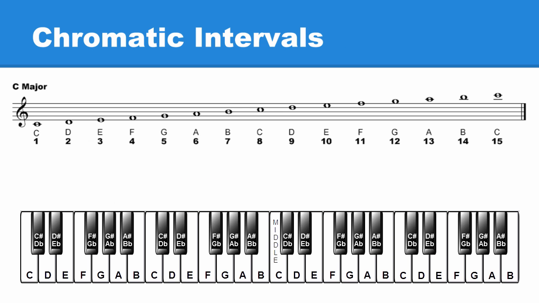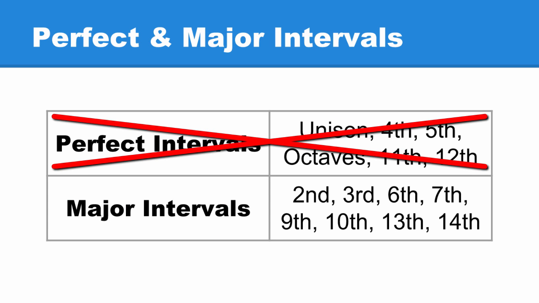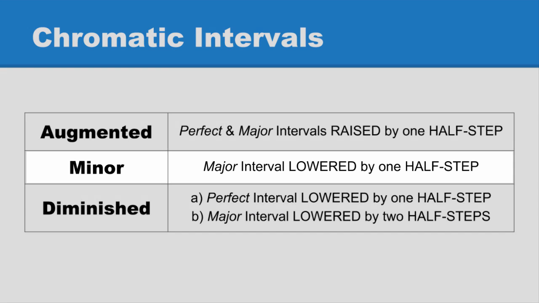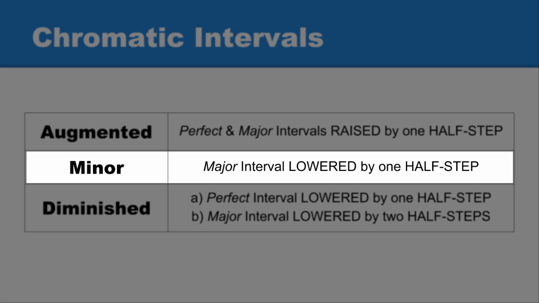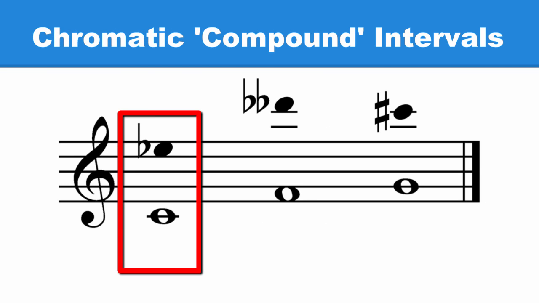In the key of C, this E is scale degree 10. A tenth is not one of the perfect intervals, so we know it's a major interval, and it's been lowered by one half step to E flat. Any major interval lowered by one half step becomes a minor interval. The name of this interval is a minor tenth.